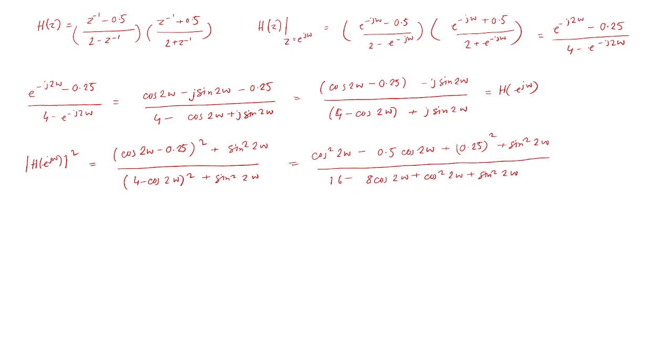Numerator and denominator both contain a sine square plus cos square term. We can safely replace them with 1. Plus 0.25 whole square minus 0.5 cos 2 omega, and 17 minus 8 cos 2 omega.